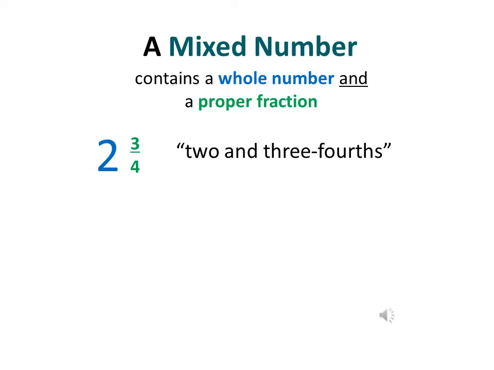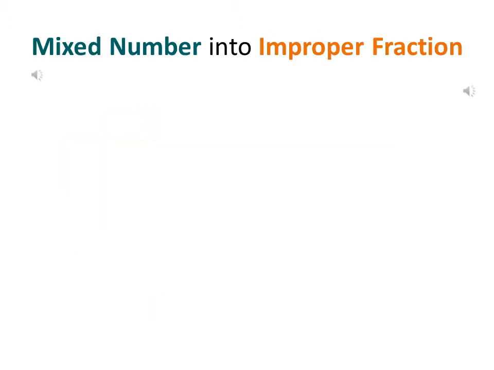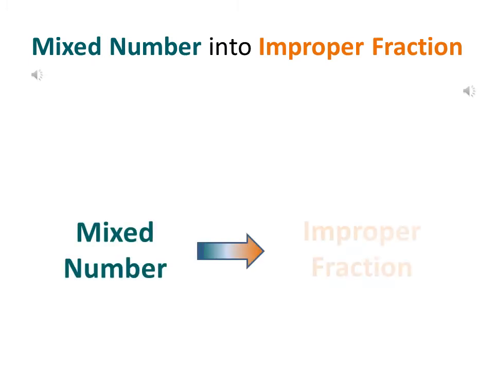A mixed number contains a whole number and a proper fraction. For example, 2 3/4 is a mixed number. Here's how to change a mixed number into an improper fraction. Let's take the mixed number 2 3/4.